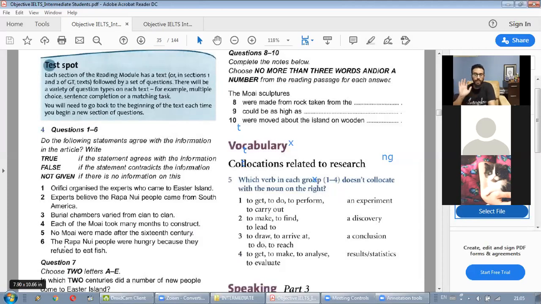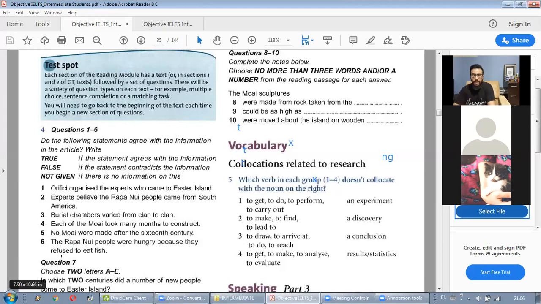Even without knowing what is said in the text, already I can tell this is the key word. By the way, this is a very important skill you need to develop. You need to see where the argument is. Where's the commotion? Where's the problem in this question? What is the word that they're asking whether this is true or false or not given? What makes the difference? I can already tell it's refused.